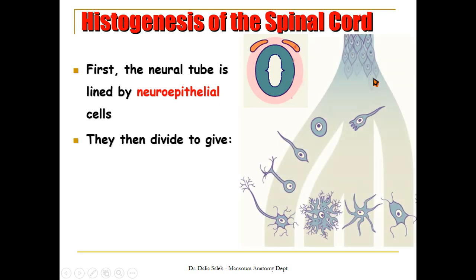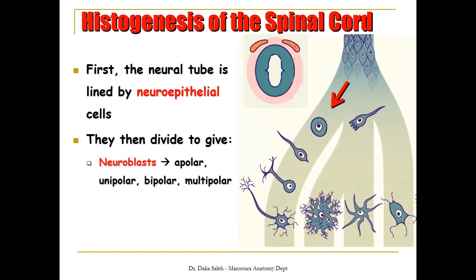The neuroepithelial cells will give many lines. The first line is called the neuroblasts, which will give us the neurons with its various shapes: apolar neurons, unipolar neurons, pseudo-unipolar neurons, bipolar neurons, and multipolar neurons here.